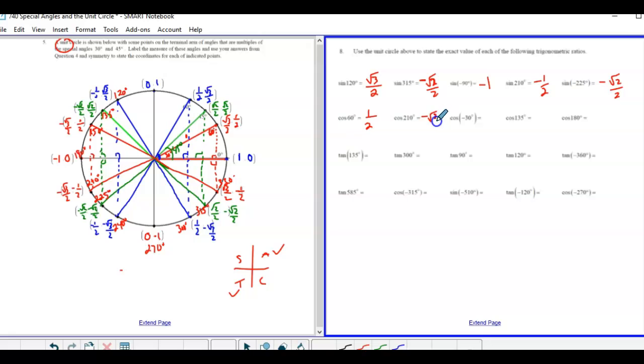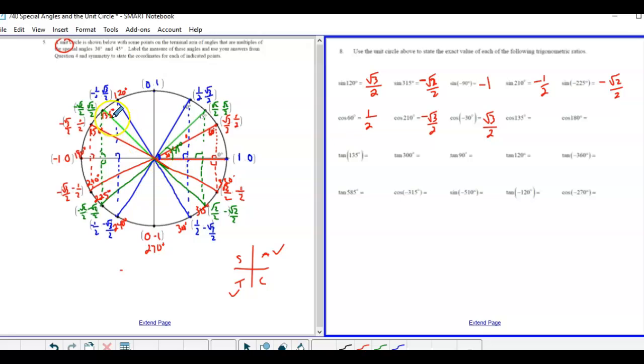In the third quadrant, the x value is negative, so just remember that. Negative 30 is in the fourth quadrant, so it's positive, and it has a cosine value of root 3 over 2. Anytime there's a reference angle of 30, cosine will be root 3 over 2 because it's that middle side, not the smallest side.